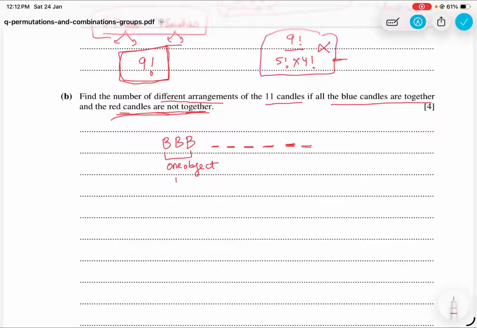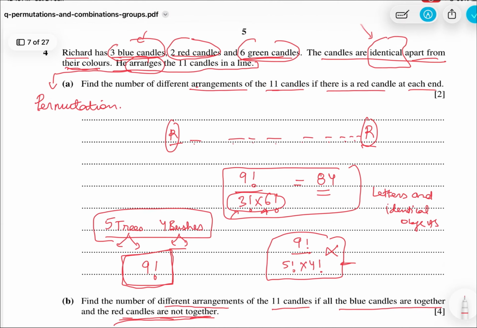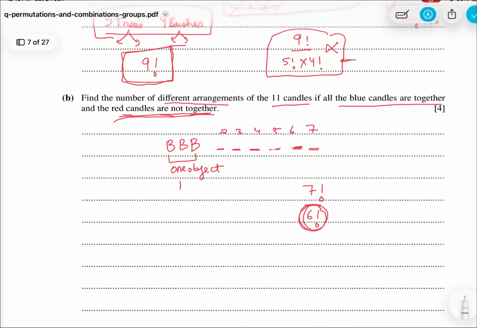This is one object. 1, 2, 3, 4, 5, 6, and 7. So the answer for this would be 7 factorial divided by 6 factorial. Why are we dividing by 6 factorial? The 6 candles are of the same color, that is green.